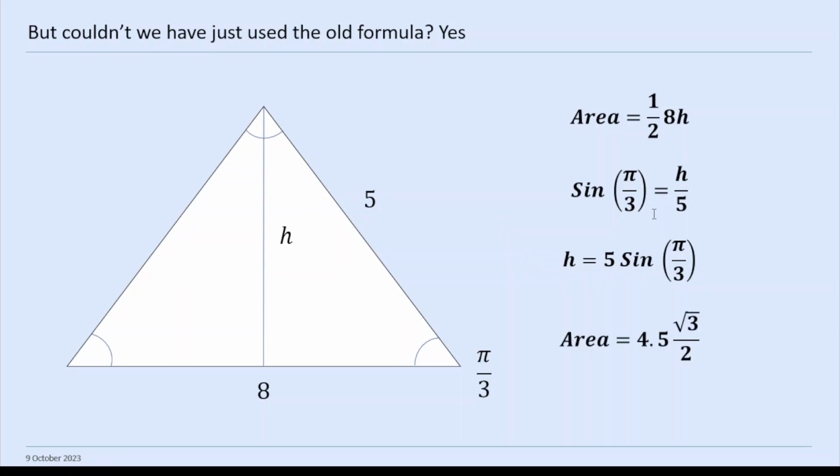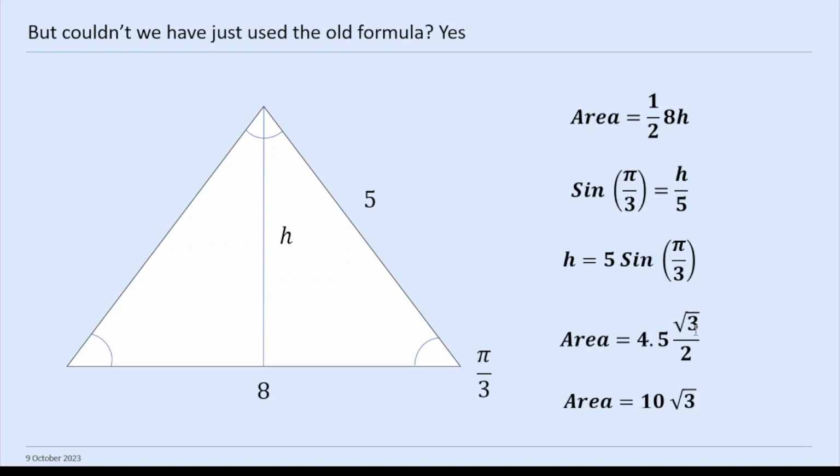Then you substitute that in, so a half of 8 is 4 times 5 sine pi over 3. Sine pi over 3 is root 3 over 2, so it's 20 root 3 over 2, which is 10 root 3, the same result. So instead of using the formula a half AB sine C, we've used a half base times height, and that means we've had to take more steps.